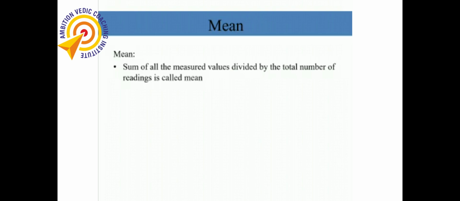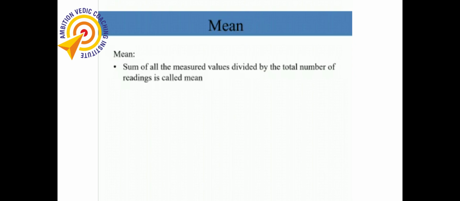If we have taken 10 readings and all of them are fluctuating here and there, a little less, a little more, then in order to avoid the problem we find the mean of it. That means we add all the 10 values and divide by 10. That is what is known as the mean.